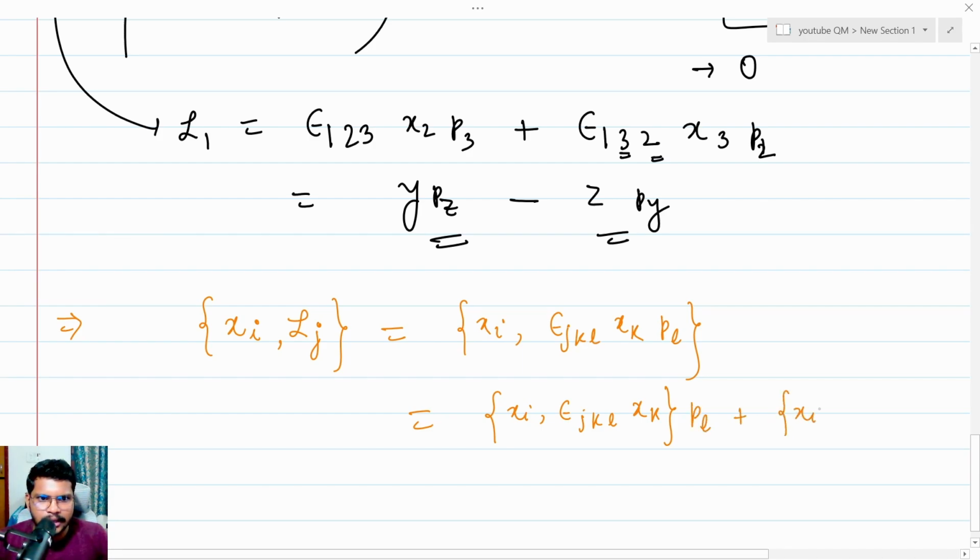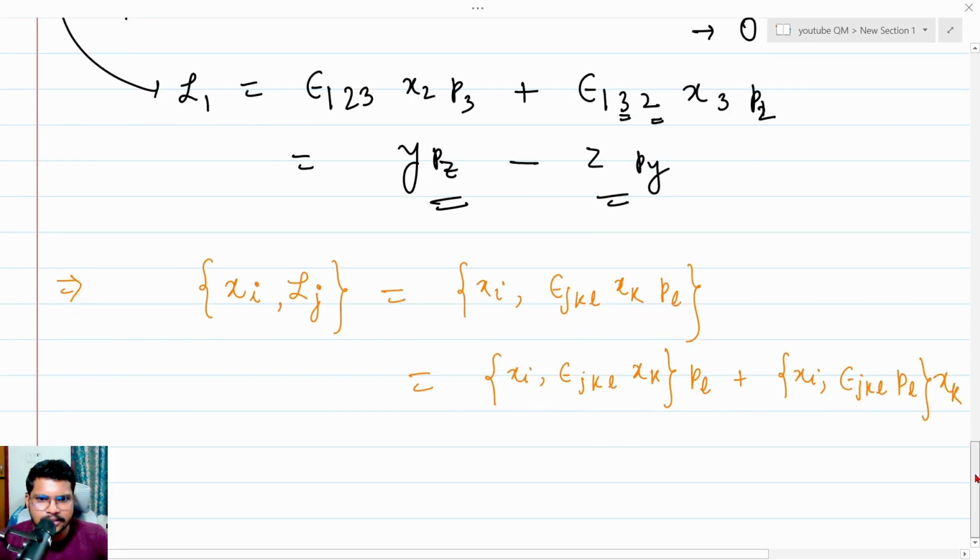Similarly, I write x_i, comma, x_k is already done, the derivative is already taken. Over here, I will write epsilon jkl, let us say p_l, and write over here x_k. Now, I already know this is constant, no problem. I already know that x and x is going to be 0. The Poisson bracket vanishes, but x_i and p_l will have Kronecker delta il into epsilon jkl, and there is x_k.